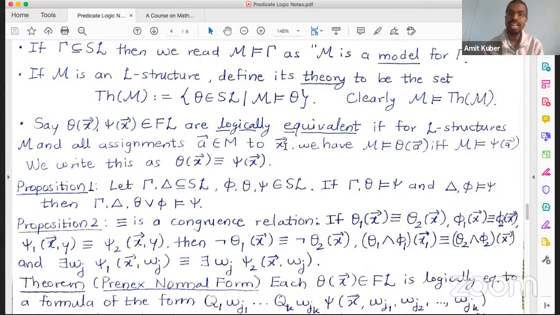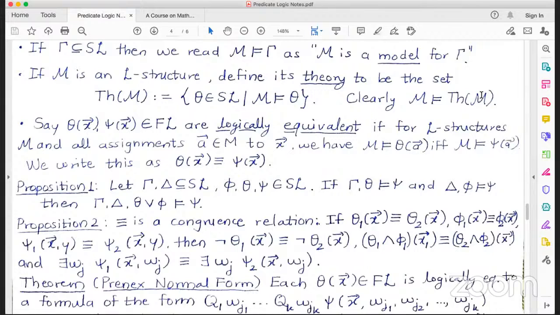It has to be... Any theory of a structure, I will talk about it more tomorrow. What is the meaning of a complete theory? This theory is already complete. You cannot add anything extra. If you add some other sentence which is outside, then it becomes unsatisfiable. So it is a maximal set.